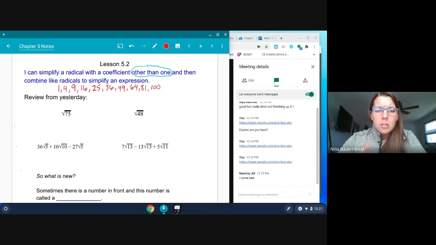So yesterday, the first step was to find the number in the list that was closest to the number, but not more than the number. So if we're looking at 75, what number is in the list closest to 75 without being over?